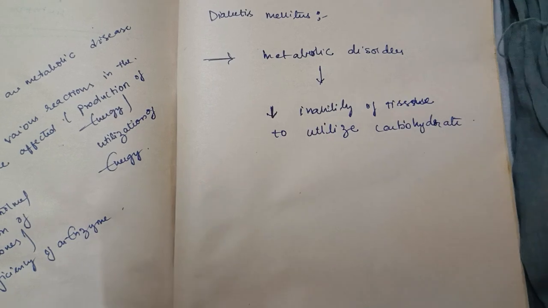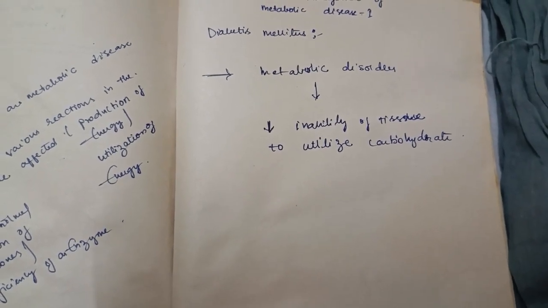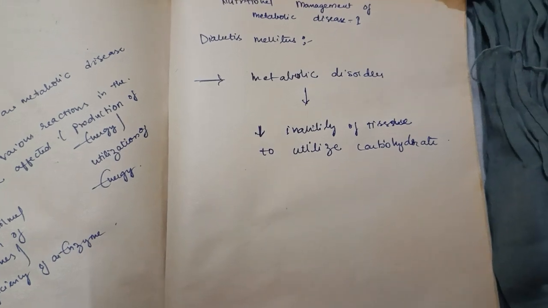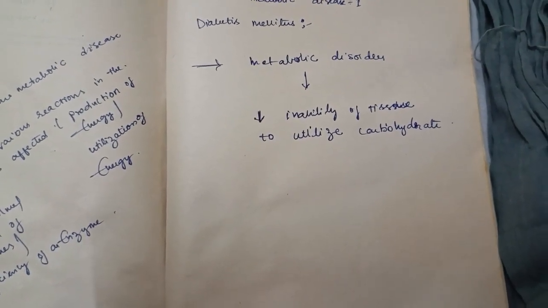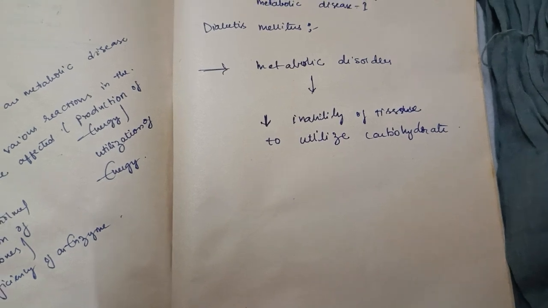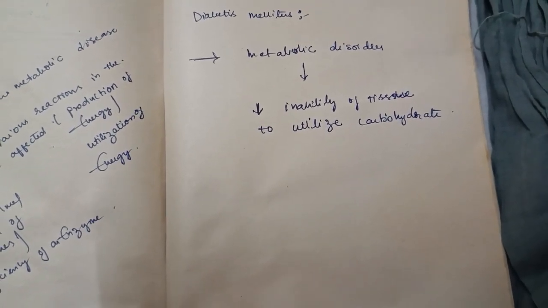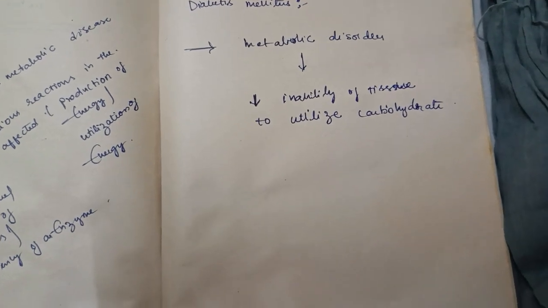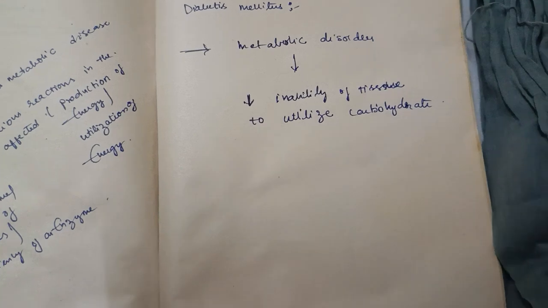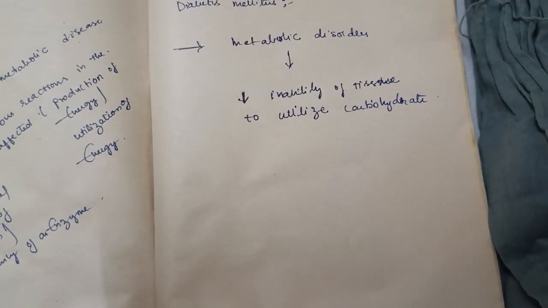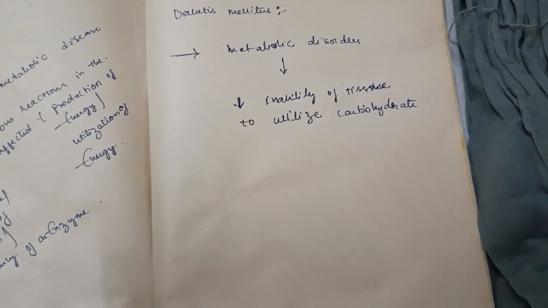As I previously told you, diabetes mellitus is a type of metabolic disorder in which there is decreased ability or total inability of tissue to utilize the carbohydrates from the blood. So when it happens, the blood glucose level is increased, surplusly increased in the blood.